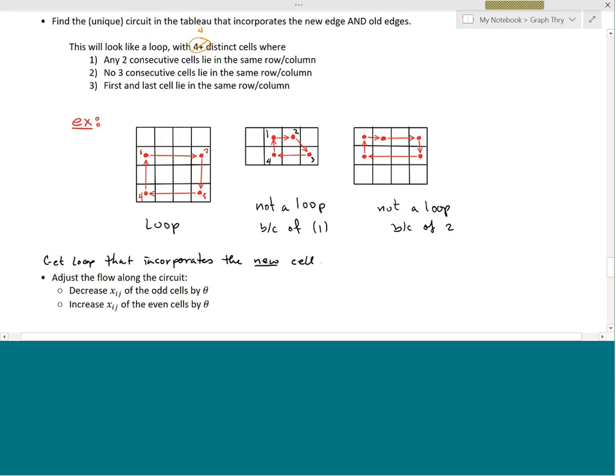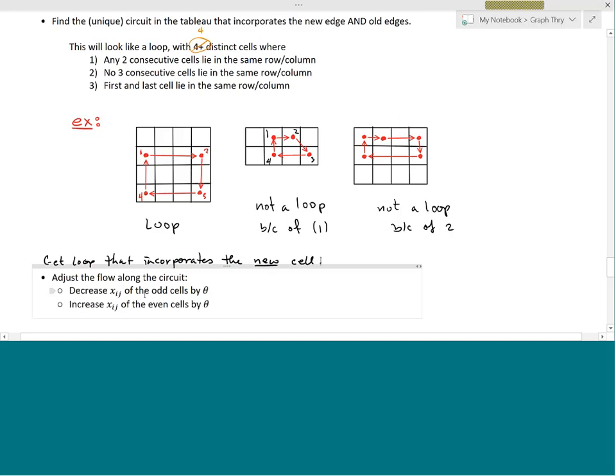And what we're going to do is adjust the amount of goods that we're going to ship across that associated loop, okay? So we're actually going to adjust the solution, or the values of the solution, but only along this loop that incorporates the new cell.